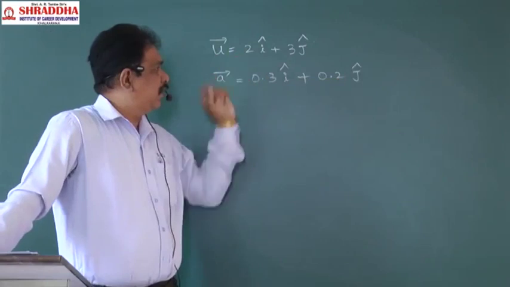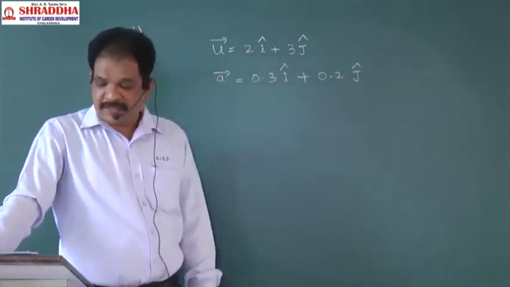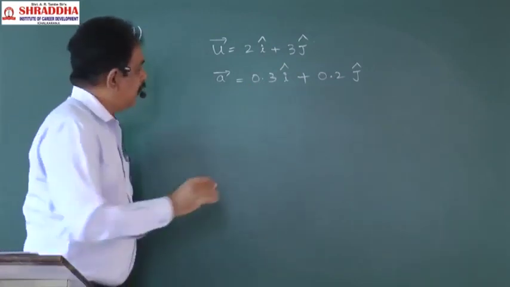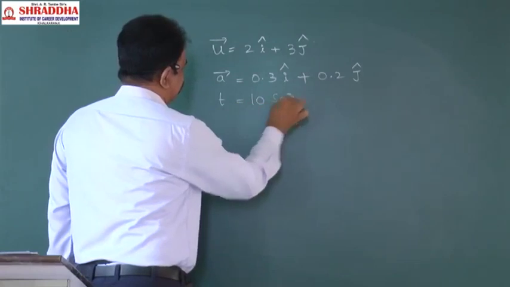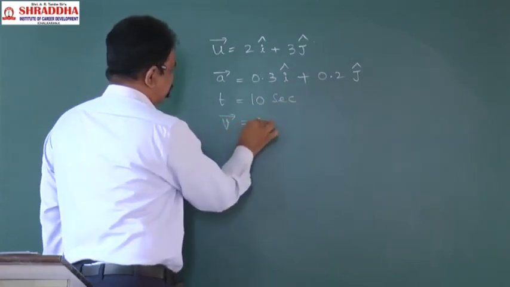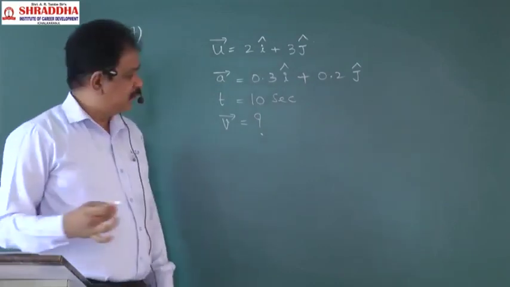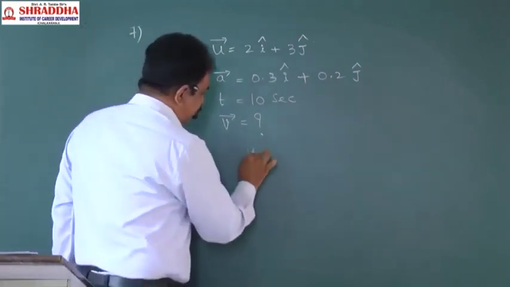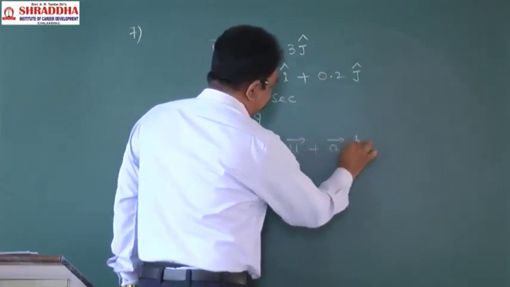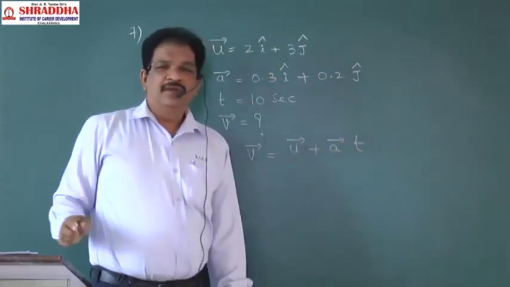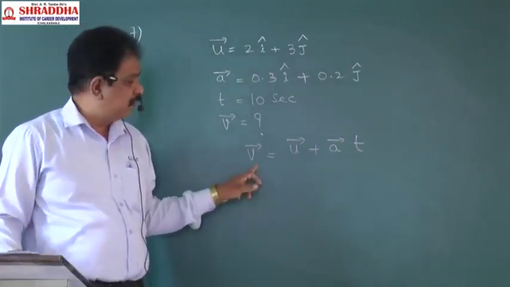Particle's initial velocity is this one. Particle's acceleration is this one. After 10 seconds, what is its velocity? That is the question. Okay, here V bar is equal to U bar plus A bar into T. V is equal to U plus AT, that is the formula.